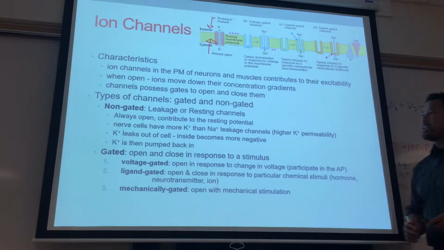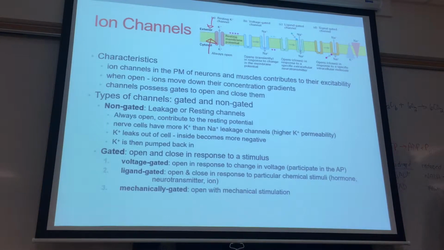So when we talk about leaky potassium channels, if you understand the term leaky potassium channels, you know that these channels are constantly open. And we know that the concentration is high on the inside, while it's very low on the outside. And so that would allow potassium to constantly move out of the cell through these leaky channels.